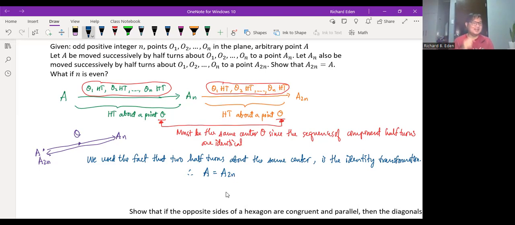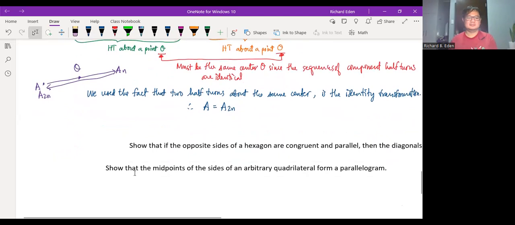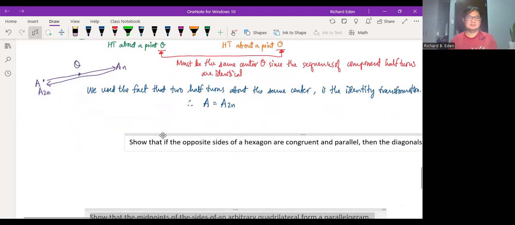Is it impossible for it to go back? Impossible. Because it's the same center. What's the result? Is it still a center?